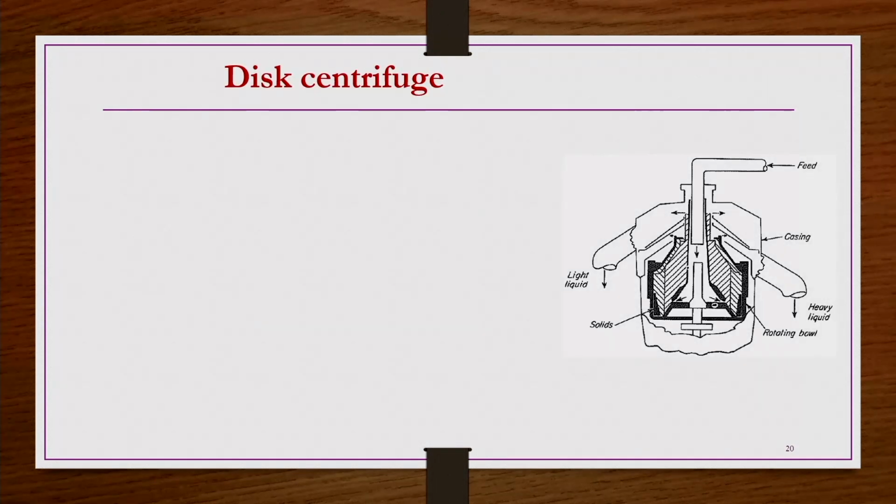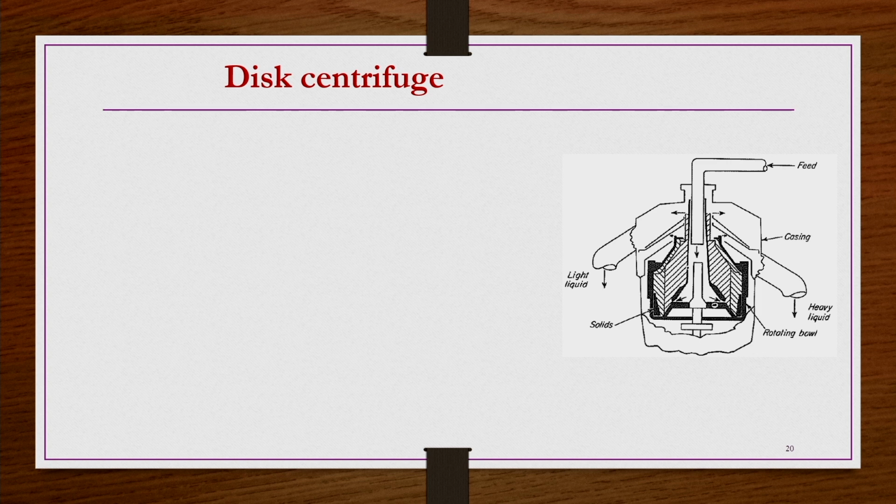Now, the disc centrifuge. Here the working principle is the same. Again we have a ball in which we take the feed and rotate it so that the feed separates into two phases, heavy and lighter liquid phases. But within the ball we have conical sheets, kind of discs.